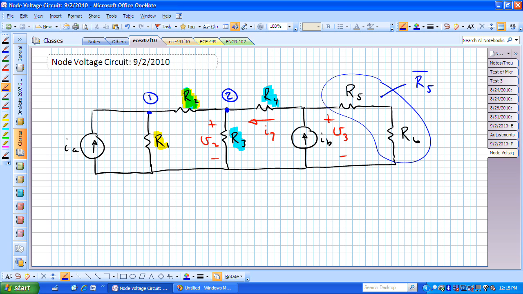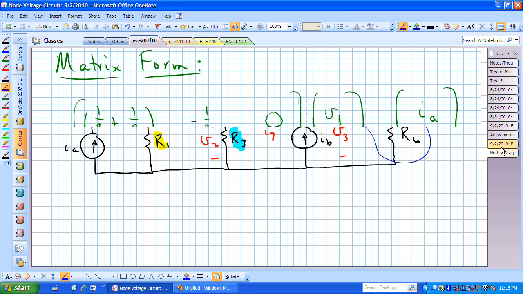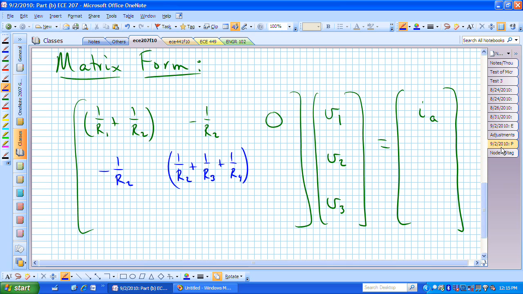And that's why we have 1 over R2, 1 over R3, and 1 over R4. We're trying to sort of check our work. The resistor that was in between node 2 and node 3, or node voltage 2 and node voltage 3, was R sub 4. It then comes in with a minus 1 over R sub 4.